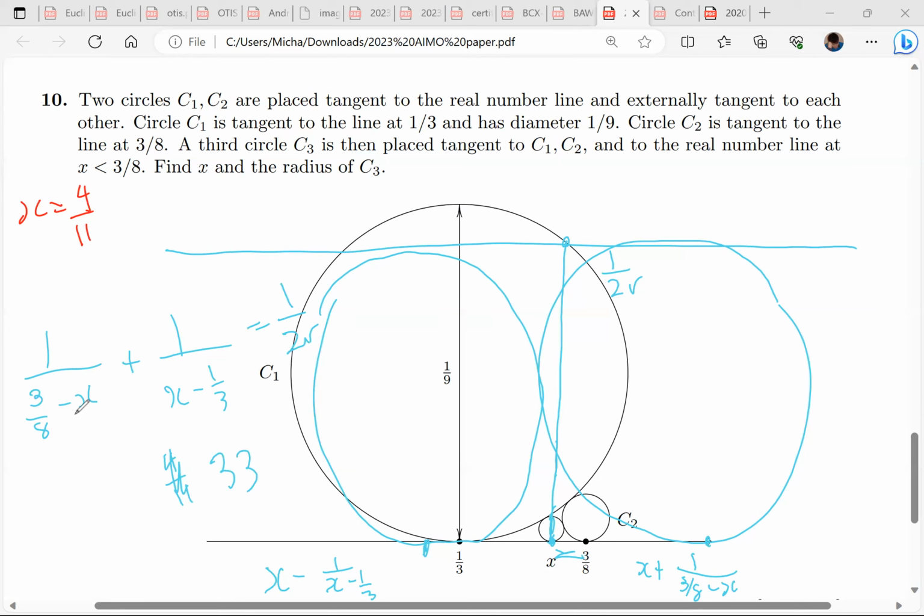So if it's 1 on 88, then 88 plus 33 equals 121, and that equals 1 on 2r. So 2r equals 1 on 121, and r equals 1 on 2 times 121, which is what we want.